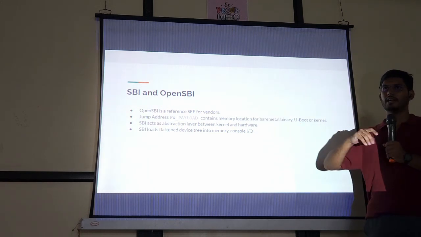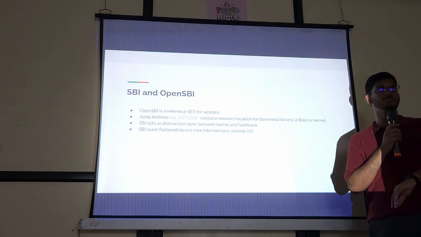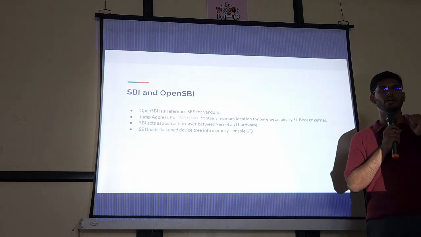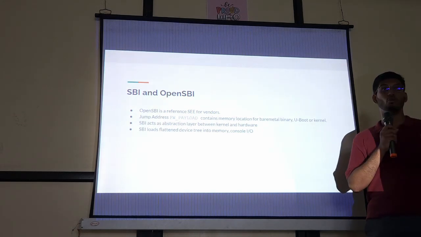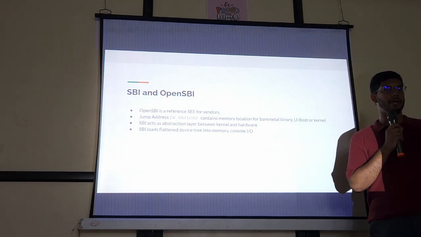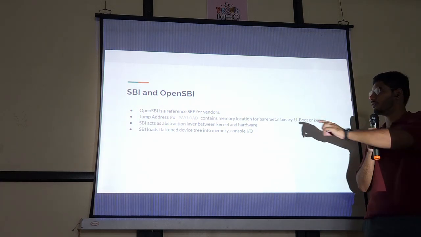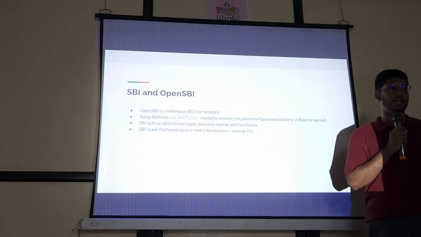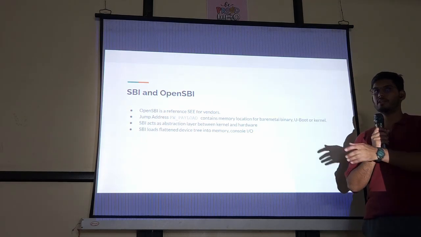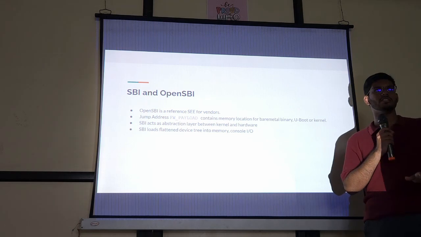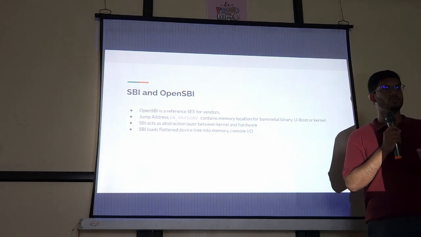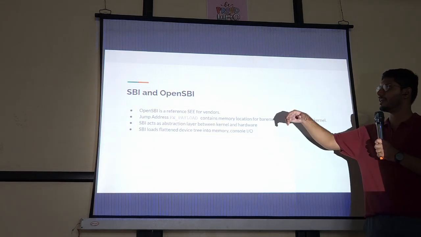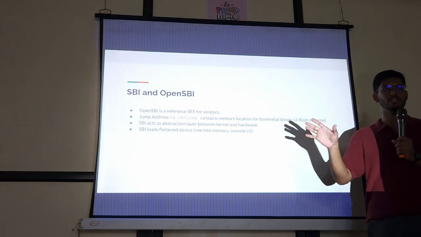What happens here is that once your processor is booted, the mode needs to be switched from M mode to S mode. SBI helps you achieve that. For reference, OpenSBI is the model given by RISC-V International for creating their own custom versions of it.